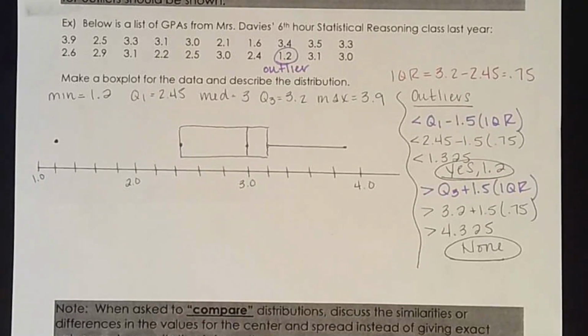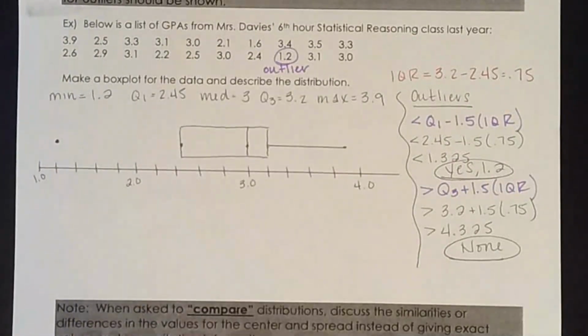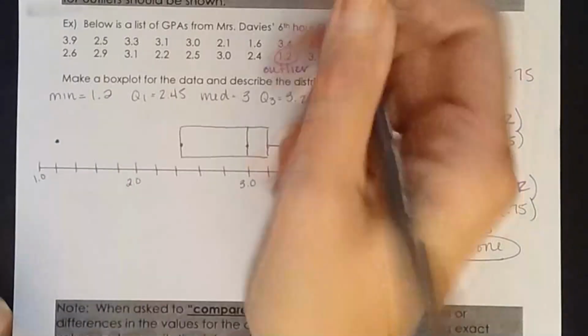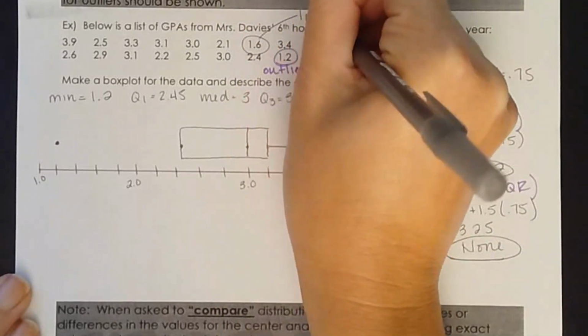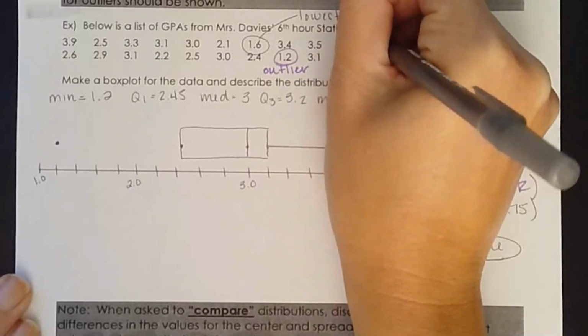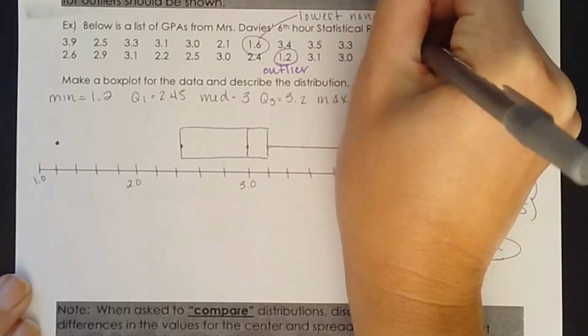Okay, so that lower whisker is going to go to the lowest non-outlier value in the data set. Look at your data set above. What's your lowest non-outlier value? 1.6. Okay, so that's my low. It's up to you if you want to write this down. You might want to for the sake of notes: lowest non-outlier value.